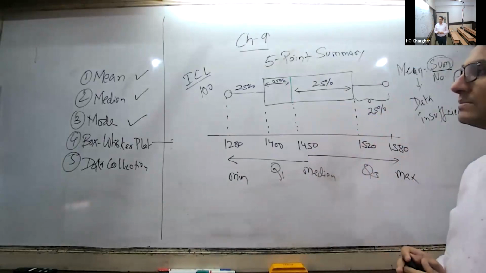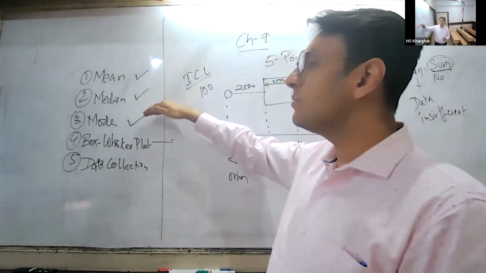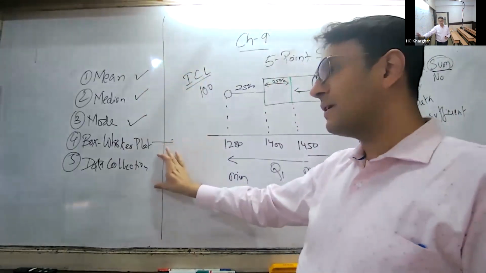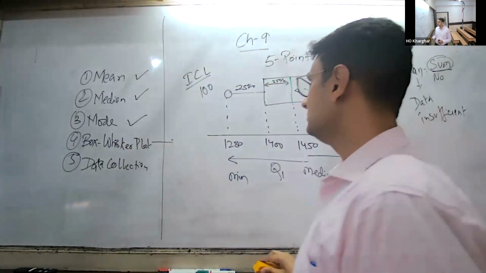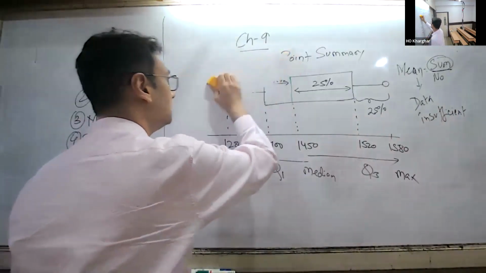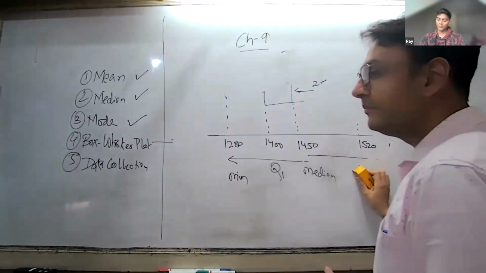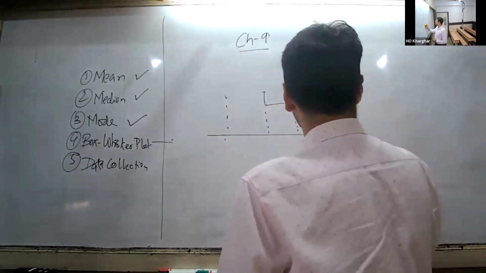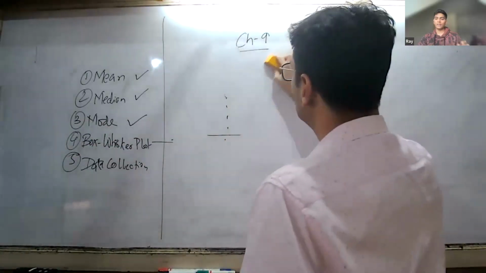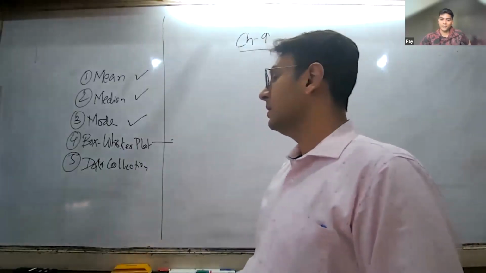So what I'm suggesting is, let's solve some problems on mean, median, mode, and box and whisker plot. Then we'll come down to survey and data collection methods. That sounds good. The survey and data collection is basically the list, right? You have a range and then the frequency, then you have to find the cumulative frequency.